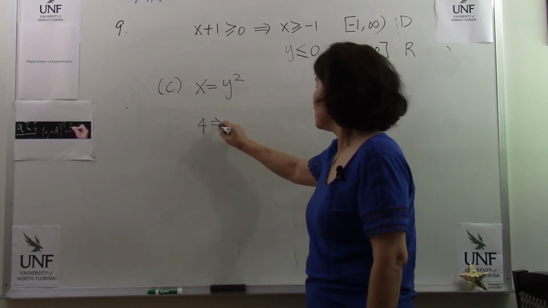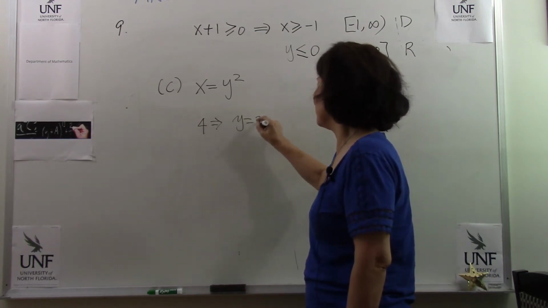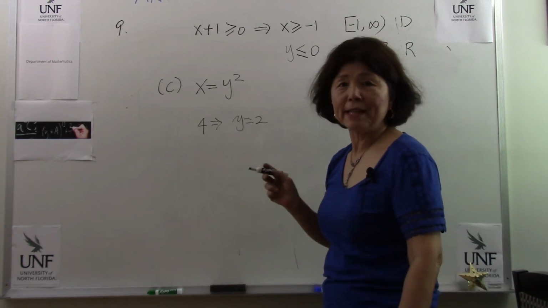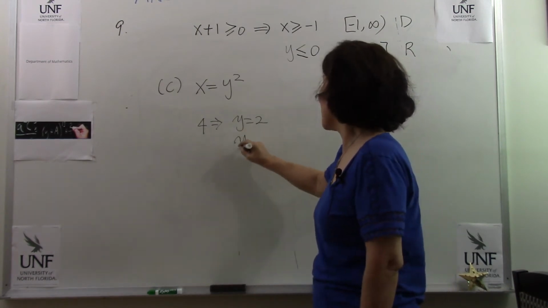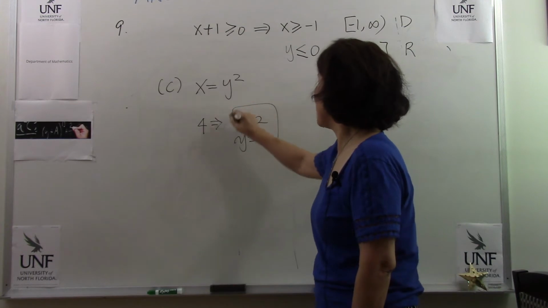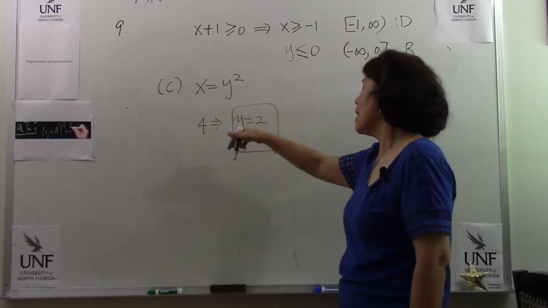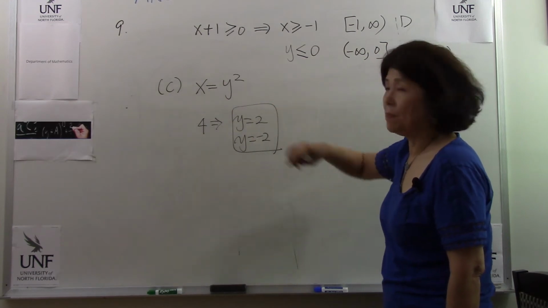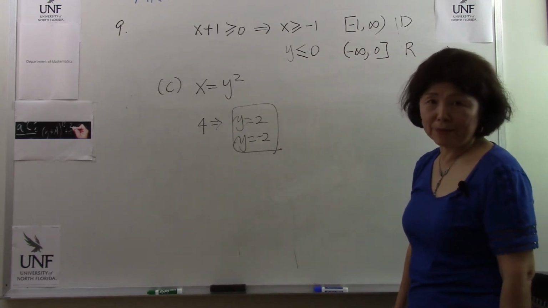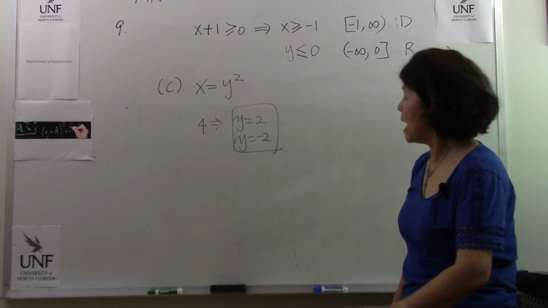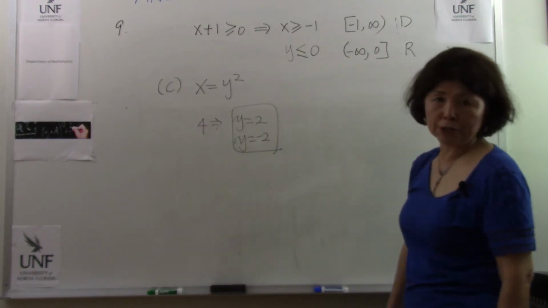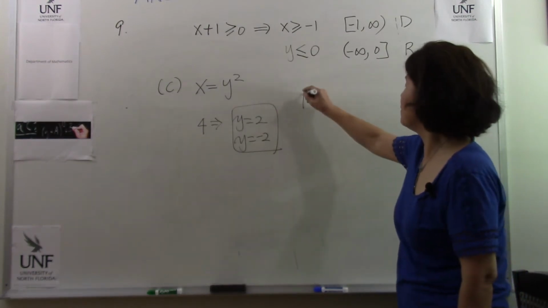Oh well, in this case, y can be positive 2. What about negative 2? Yeah, y can be negative 2 also. So that means for each x value, here x value 4, y value can be 2 or negative 2. That one is not the concept of a function. So this is not a function.